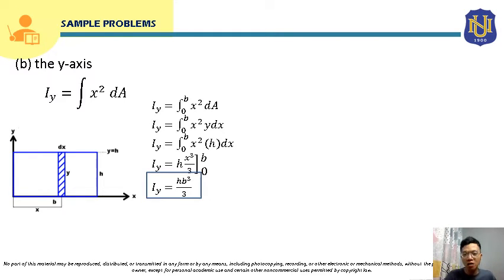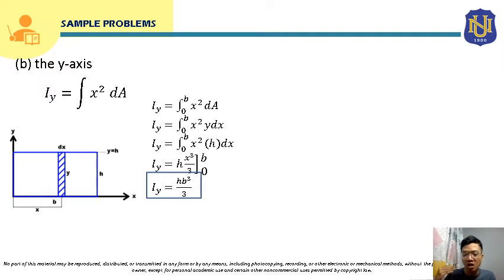As you can see here, from our letter A, the moment of inertia about the x-axis is bh cubed over 12. Now here, this is hb cubed over 3.